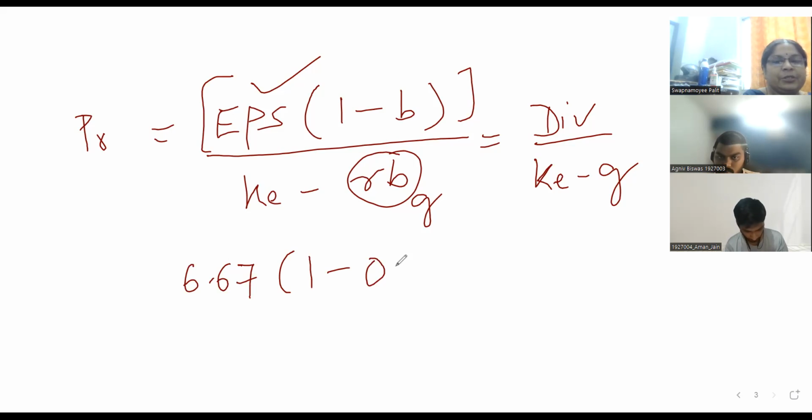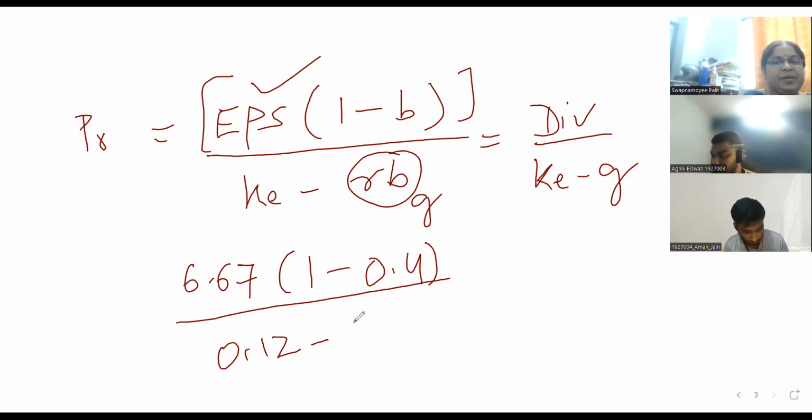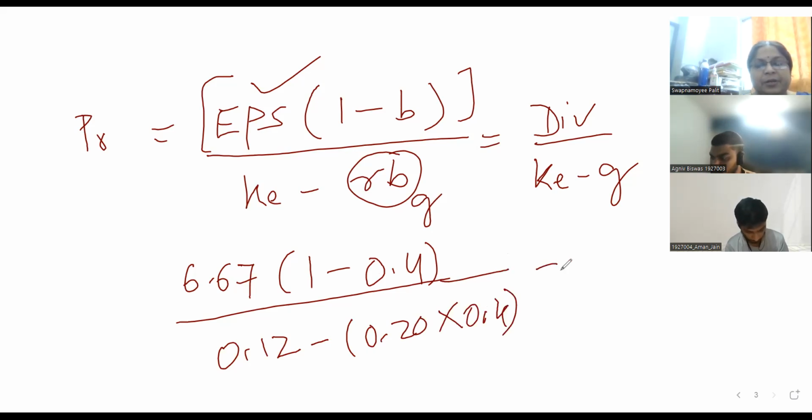So that gives you 0.4, whole divided by Ke, the opportunity cost, minus your r b, which is 20% rate of return into your retention ratio 0.4. This is how you are calculating. This is the formula. Tell me how much it is. Yes, the answer is 100. So you got the price of this share as 100.